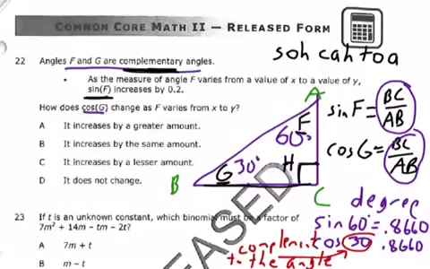Instead of 60 and 30, we could have called it 70, and the other one would have to be 20. So now try sine of 70. See what you get. This always works. Sine of 70 gives us 0.9397. And then try cosine of 20, and you get the exact same thing.